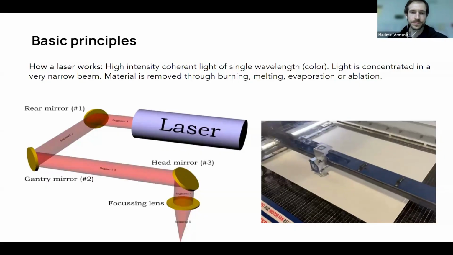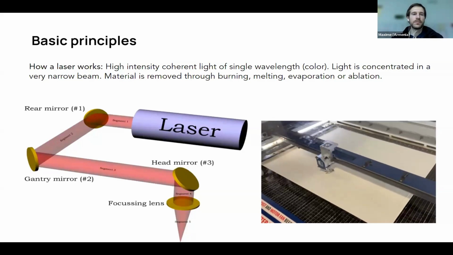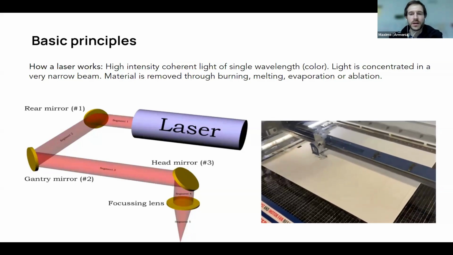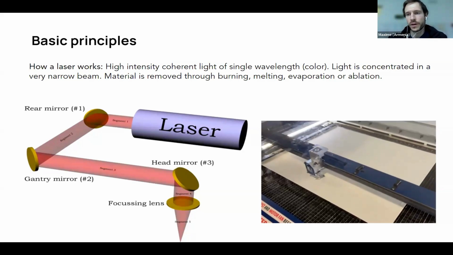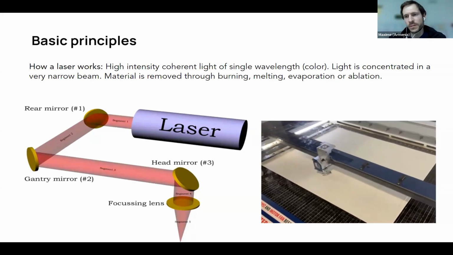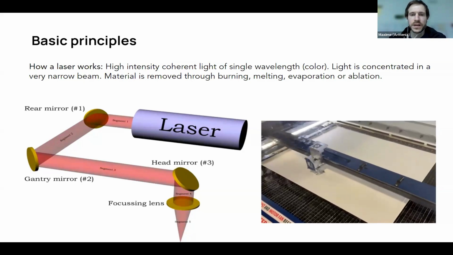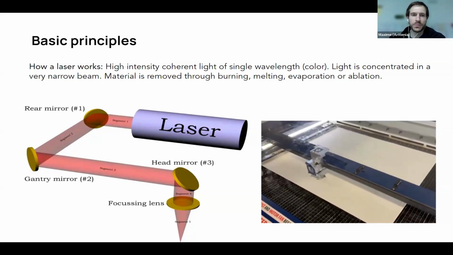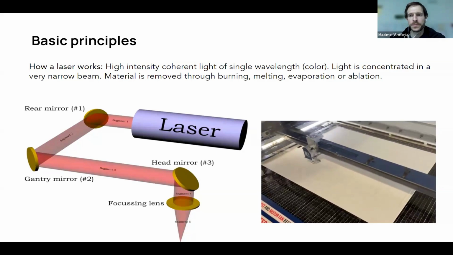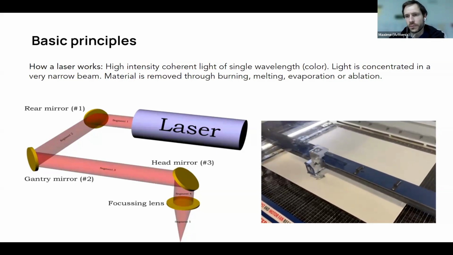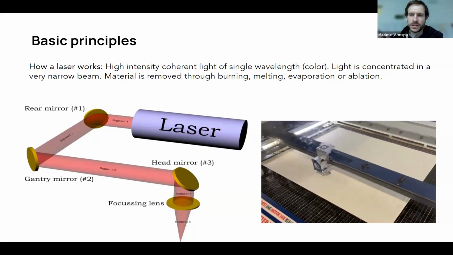So the very basic principle is that there is a laser tube, for example, most probably in your laser filled with CO2. And this tube is emitting a beam of light that has one single wavelength, or one very narrow color.